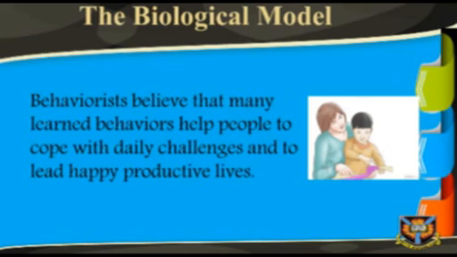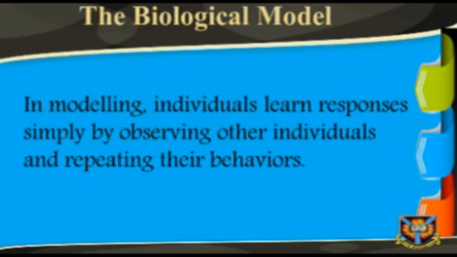In operant conditioning, for example, humans and animals learn to behave in certain ways as a result of receiving rewards, which are any satisfying consequences, whenever they do so. In modeling, individuals learn responses simply by observing other individuals and repeating their behaviors.